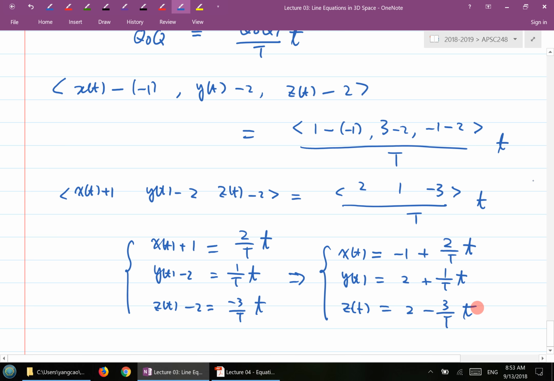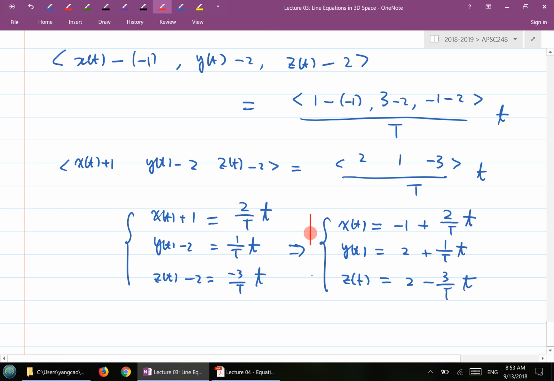Now this is basically the final equation we're looking for in this example. And this is the line equation, what we call the parametric equation for the line. So different descriptions: 3 equations, parametric equation, or line equation. Now they all have the same meaning here. Is that good?